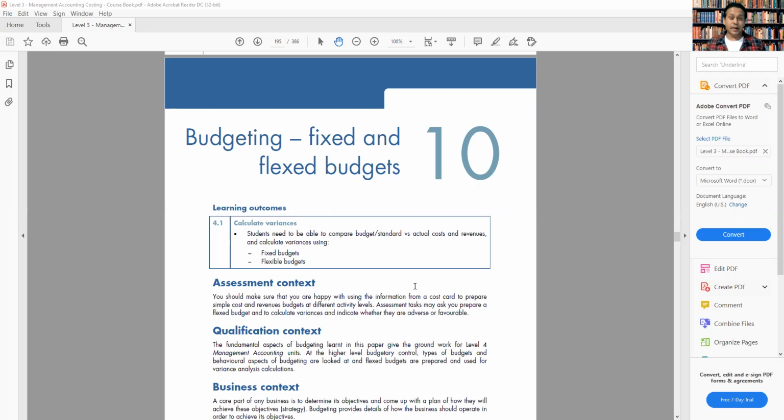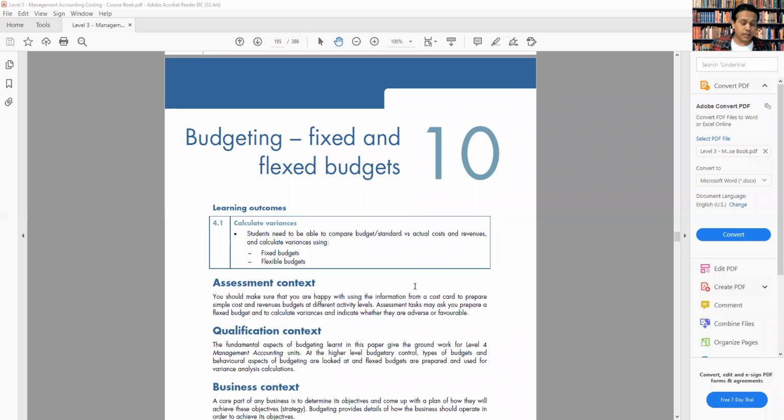You have incremental budget, zero based budget, flex budget, fixed budget, and rolling budget. There's a lot of budgeting you're going to learn from the first book you read in level 4.